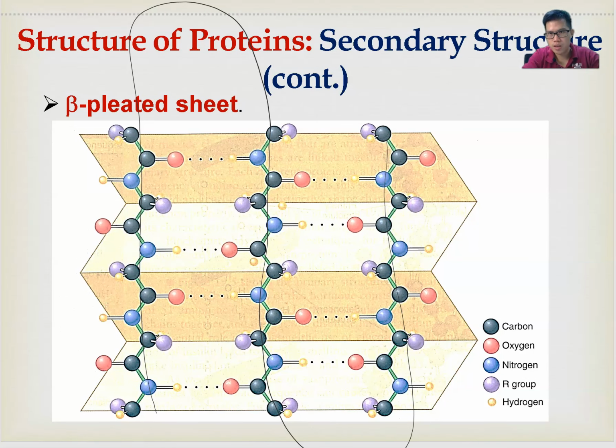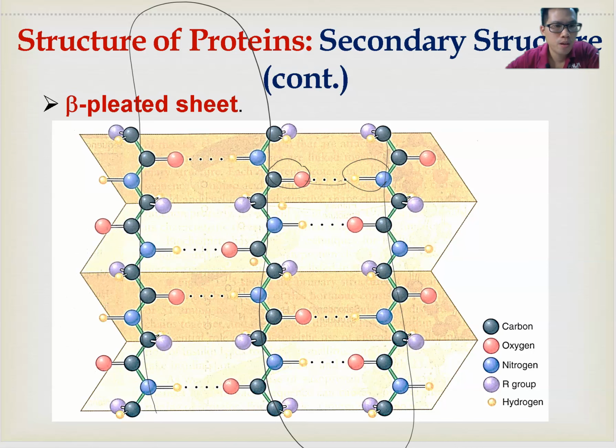The sheet is the interaction between the peptide bonds, the carbonyl group C double bond O with the NH. They form a hydrogen bond here. The distance can be a lot further for the beta sheets.